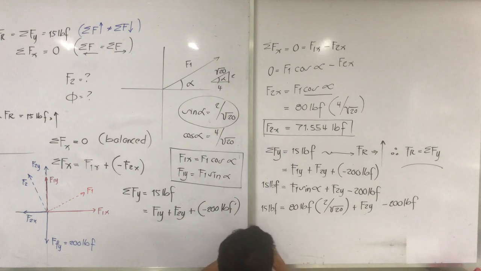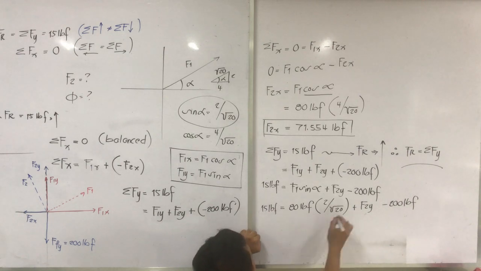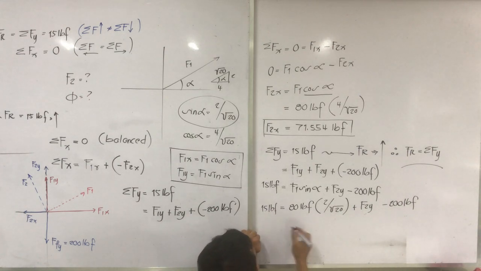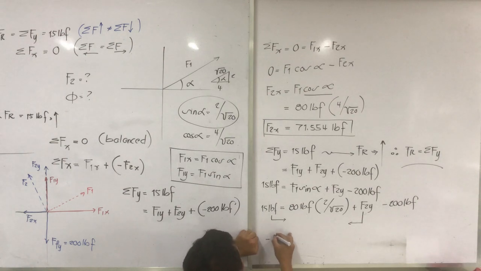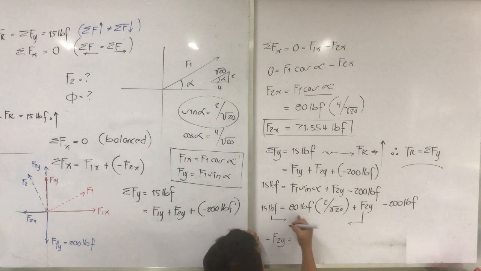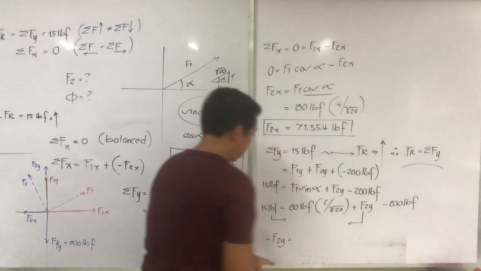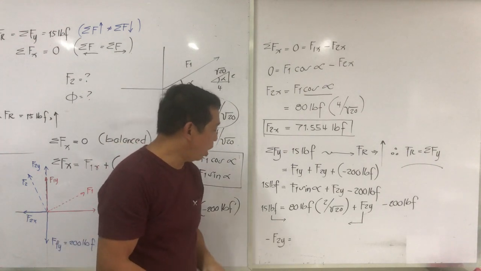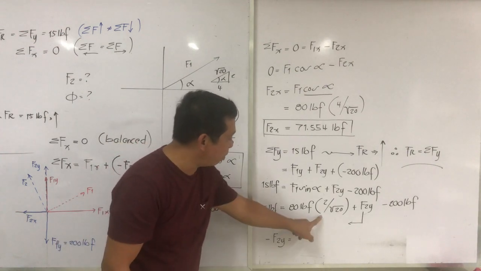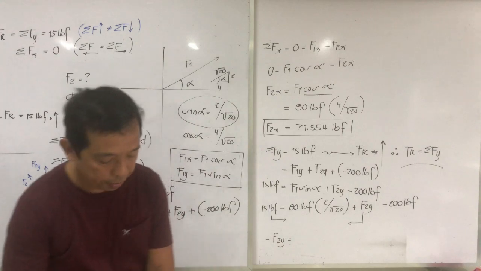Rearranging, ang mangyayari dito, mga engineers, is that you will have your equation. I-transpose natin yung F1 sa kabila. Tapos ilipat natin ang F2y sa kabilang side, you will have your negative F2y equated with the values that is, una, 80 pound force times the sine function of alpha.